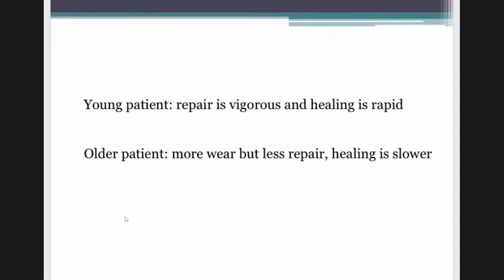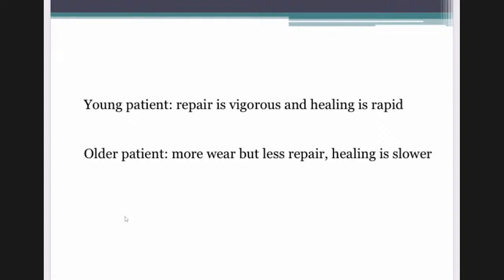But once the patient becomes older, then the wear is also more, he has used his shoulder more, and the repair is less because the quality of the tendon itself becomes bad. And the blood supply is also bad, and it is compounded again by hypertension, diabetes, atherosclerosis, and then the healing is lower.